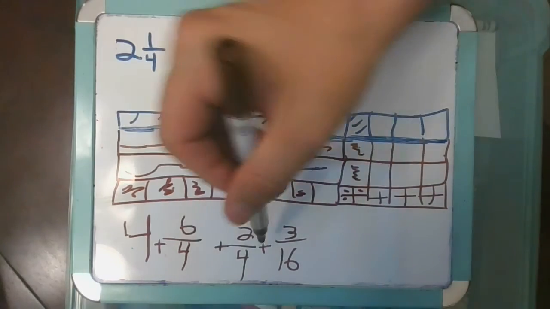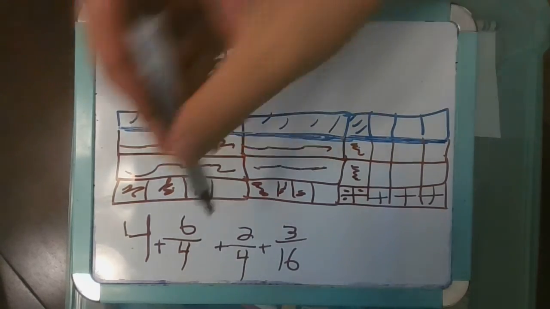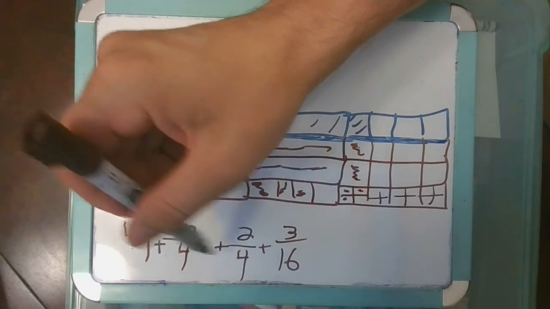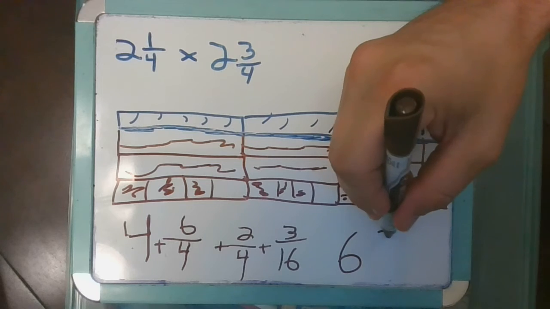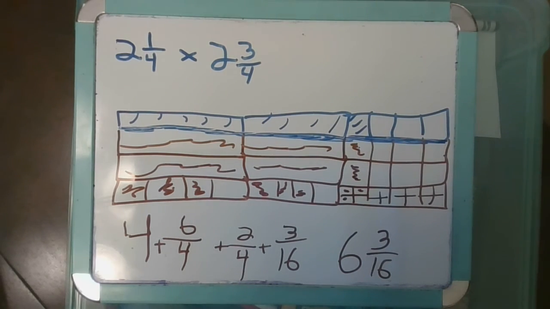Normally, you're going to end up with a whole bunch of different pieces that you're going to have to add together, which again is why the linked model can be very difficult for some people with mixed numbers. All right, so this ends up being 8/4, which is 2, so I end up with 6 and 3/16. Very lucky that I didn't have to add 1,000 things together on that one. But that is how you would do the linked model when you're doing a mixed number times a mixed number.